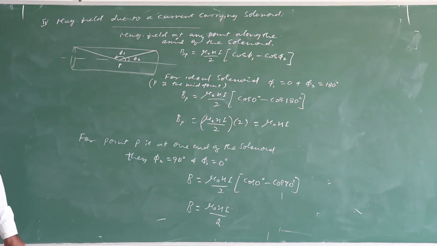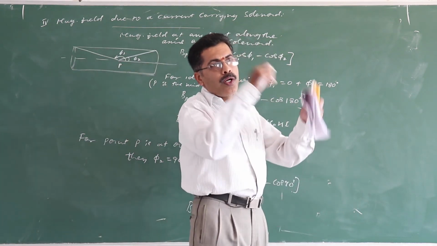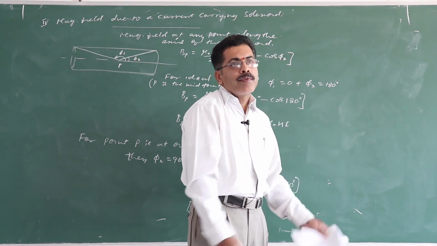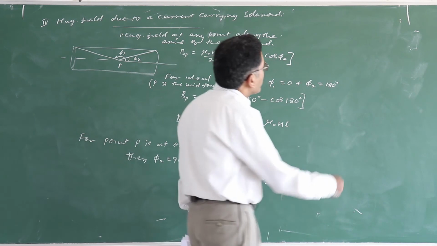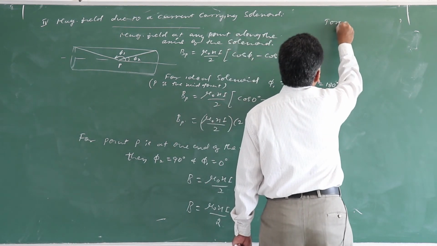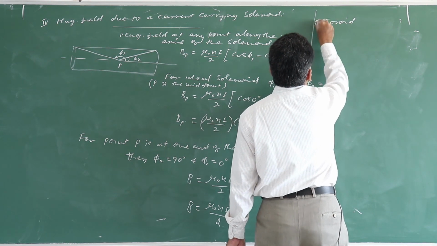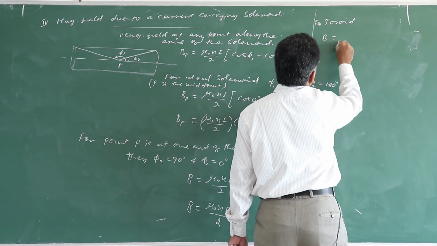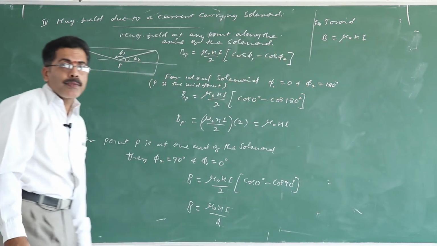And you know that a toroid is an endless solenoid. When you join the ends of a solenoid, you get a ring-like structure, and the magnetic field due to a toroid can be derived using Ampere circuital law. For a toroid, what is the magnetic field? B is equal to mu naught nI, where n is the number of turns per unit length.